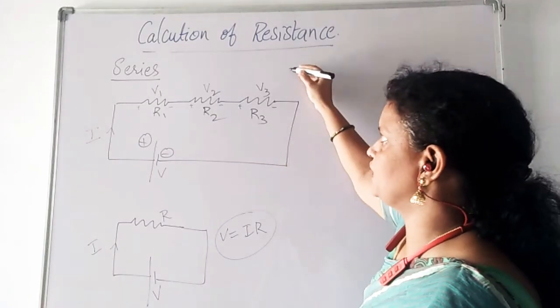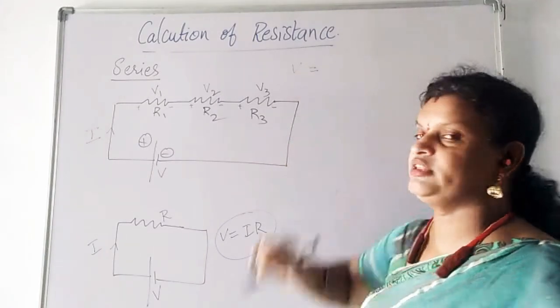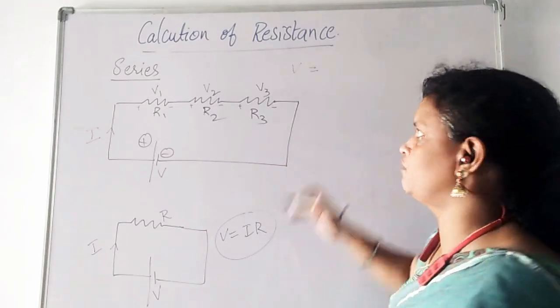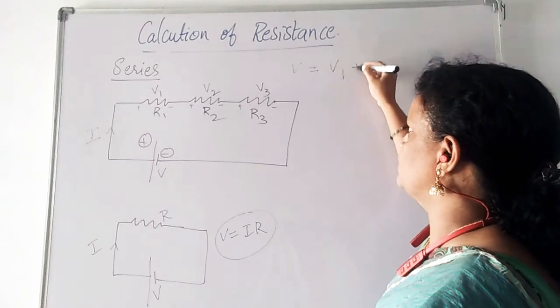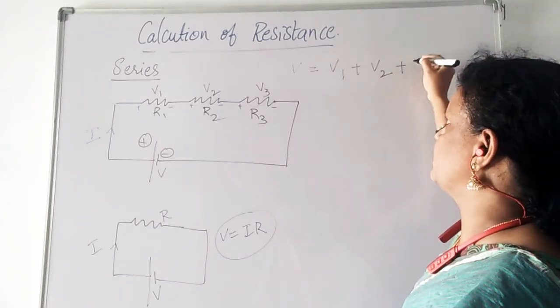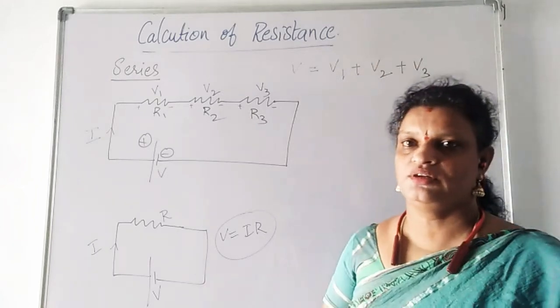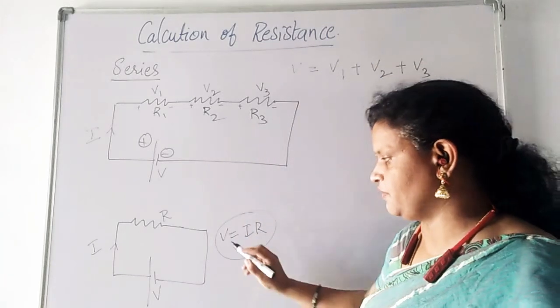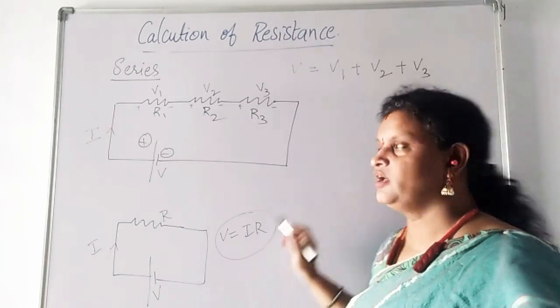As we said, the potential difference is shared by the three resistors. We can write V is equal to V1 plus V2 plus V3. But for V, the formula is IR.